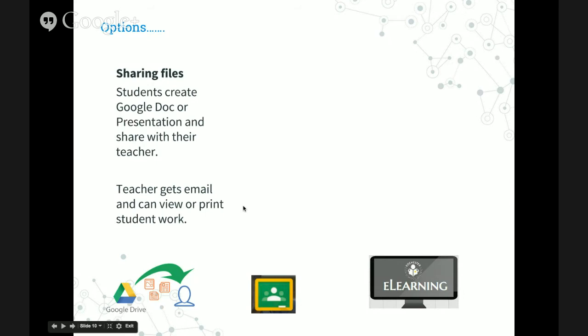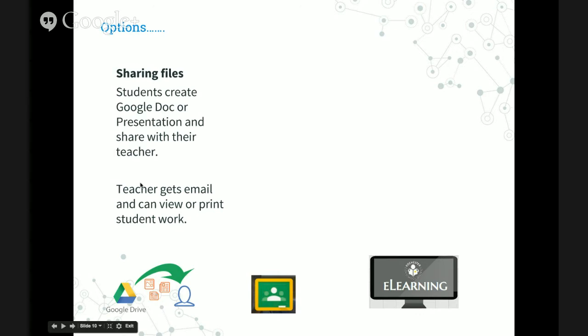So you have some options when working with your students, and we're going to start not in Google Classroom. Since all your students have Google accounts, you can work right out of the Drive. In this way, students would create a document or a presentation and share with the teacher.